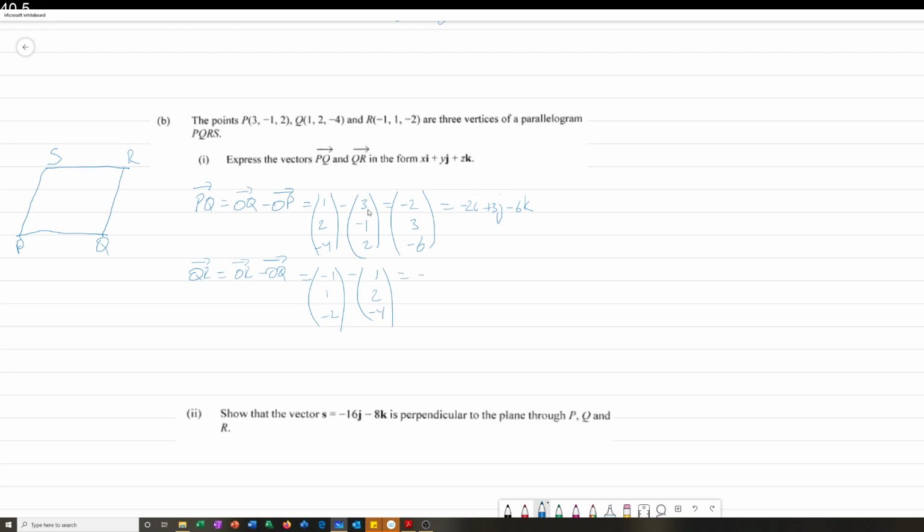So this will leave me with minus 2, minus 1, and this here would be 2. So if I have to write it in the form that they wanted, minus 2i minus j plus 2k. Okay, so we express PQ and QR in that form.